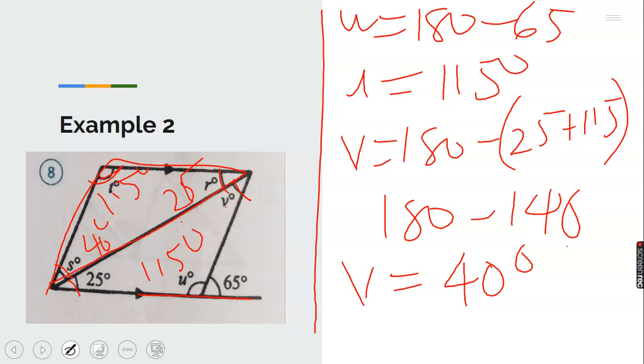Look at this angle and this angle, they are alternate. That is why I put 25 here. This angle and this angle are also alternate. That's why I put 40 here. When you add them together, it will be 65. You can see this side is alternate to this side altogether.